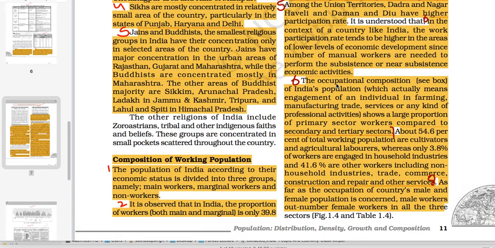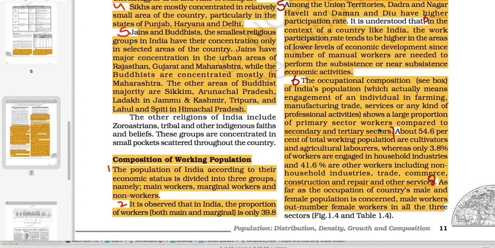Sixth point is the occupational composition of India's population, which means how many people are engaged in farming, in manufacturing, in trade, services, and any type of professional activities. They show a large proportion of primary sector workers. Means in India most of the population is engaged in the primary sector.